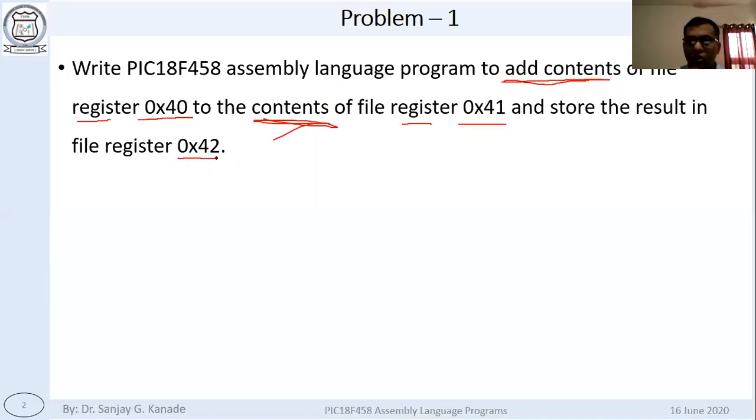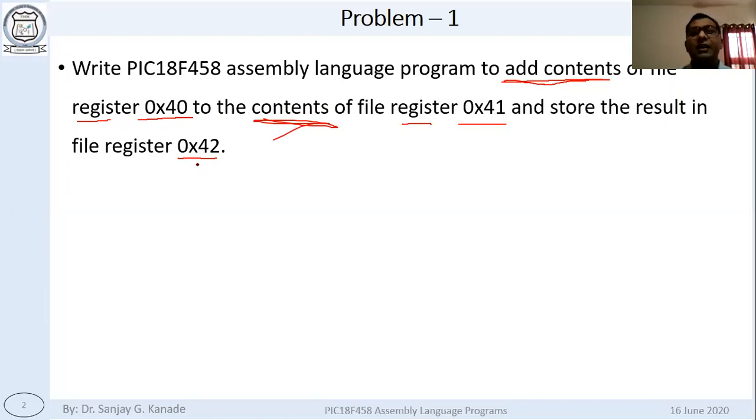Okay, so remember, whenever we are talking about any problem, we must pay attention to the numbers whatever are given and whether those numbers are data or registers. In this case, there is no data given, all are registers, means register 1, register 2 and register 3.